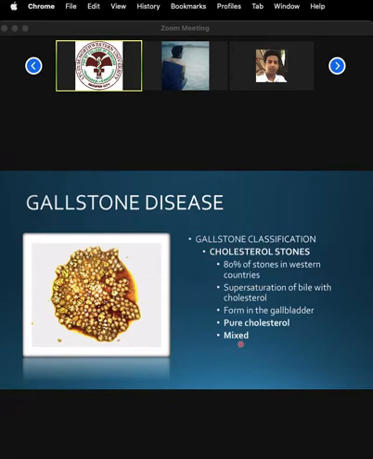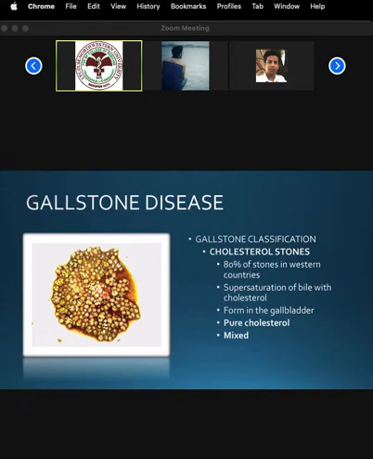What would be more common would be your mixed stones with a mixture of cholesterol plus bile pigment and calcium. They are usually more than 70% cholesterol by weight, and they are usually multiple. They have variable sizes like this one. They are hard. They may be faceted or regularly shaped, or maybe irregular.